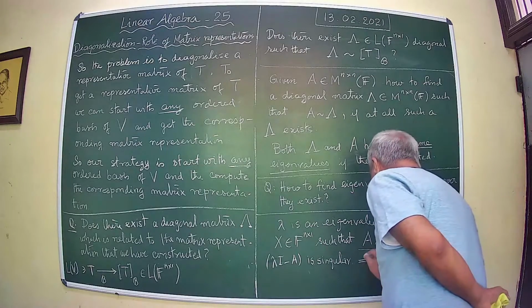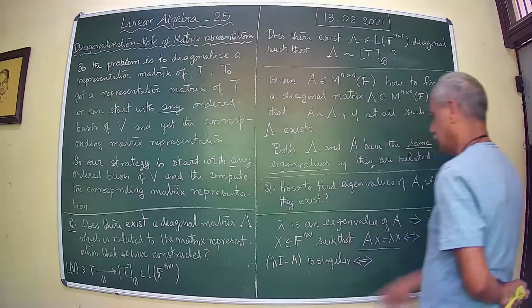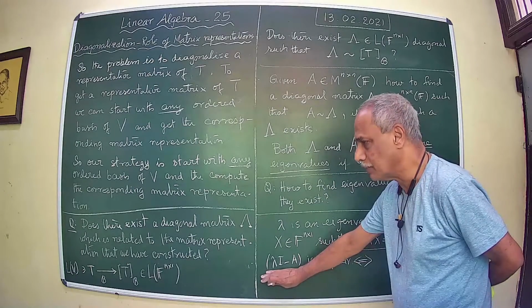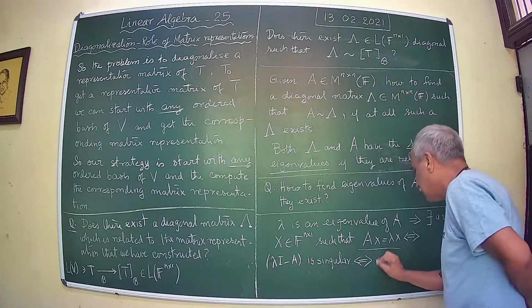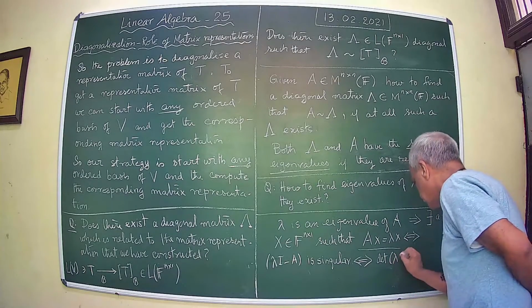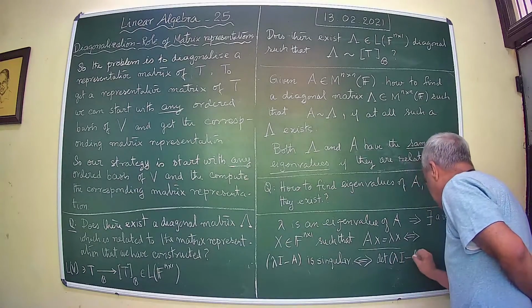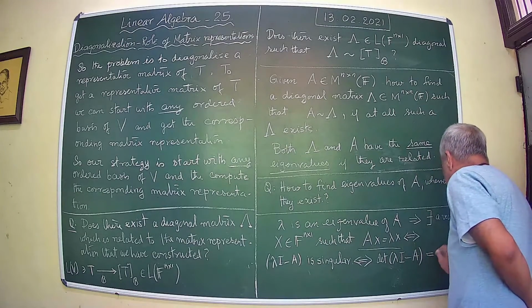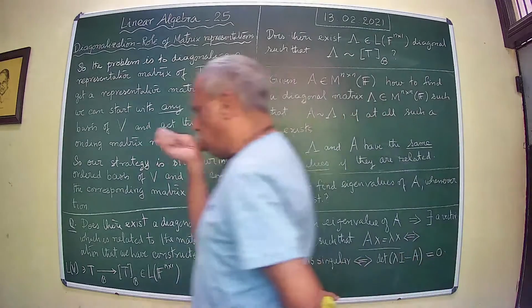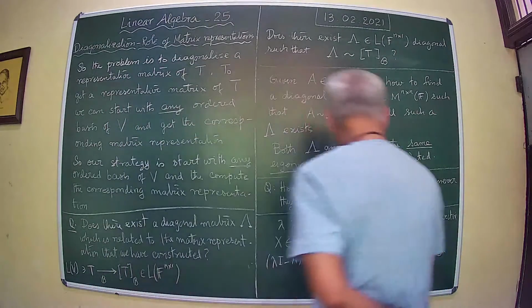That is if and only if you know that this is non-invertible if and only if the determinant of lambda I minus A is equal to 0. And what is this?